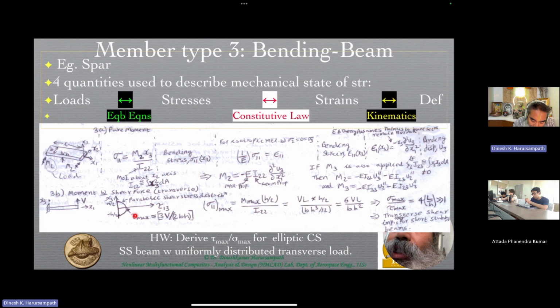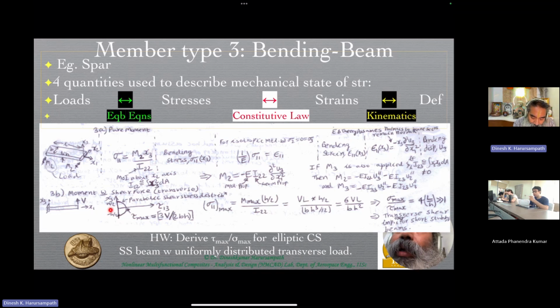Similarly, over here also it's going to depend on x3, and here it was a linear dependence, positive and negative at the two extremes, and somewhere in between it is zero. In fact, the way this equation is defined, we have chosen that x3 equal to 0 datum to be the so-called neutral axis, where there is neither tension nor compression. Above it there is tension, below that it's compression for a positive M2, but at the neutral axis itself, it is 0 because x3 equal to 0 over there.